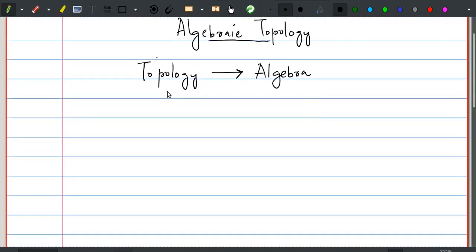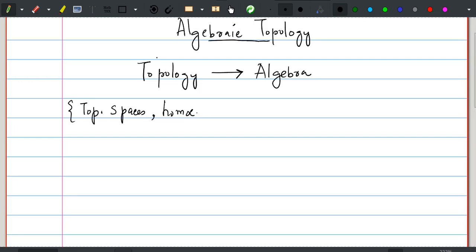In topology, we mainly deal with topological spaces and homeomorphisms. And in algebra, we deal with groups and isomorphisms.